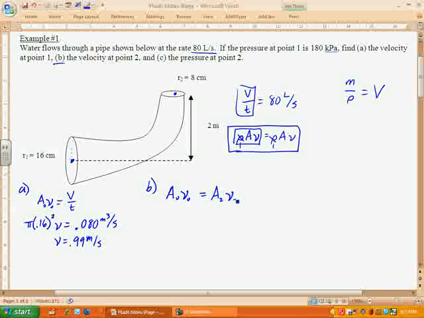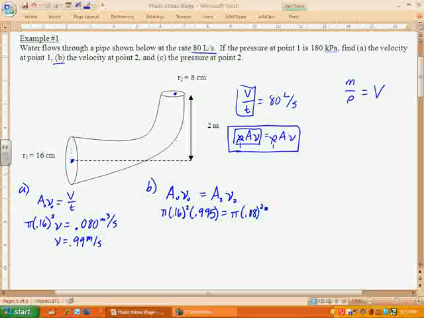So that will be pi times 0.16 squared times the velocity, which was 0.995, right, equals the area, which is 8 centimeters. So that's pi times 0.08 squared times the final velocity.